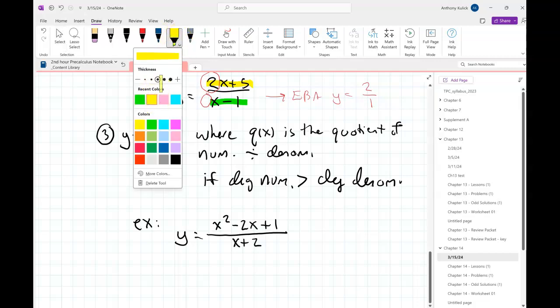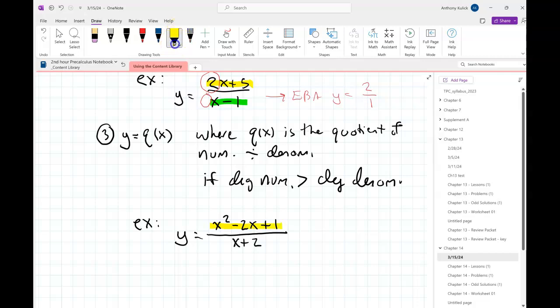The degree of the numerator is 2. The degree of the denominator is 1. So that fits that third criteria. So I need to do polynomial division. I need to do x squared minus 2x plus 1 divided by x plus 2.